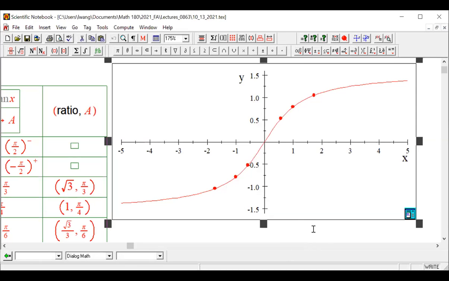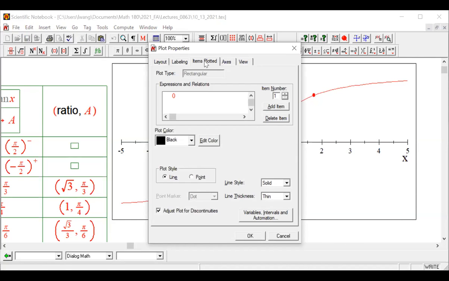This is the arctangent curve. What happened to those vertical asymptotes in the tangent? Well, now they're going to become horizontal. They're now horizontal. Broken line.